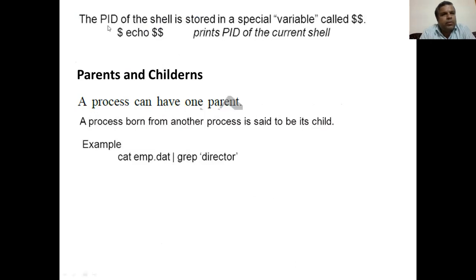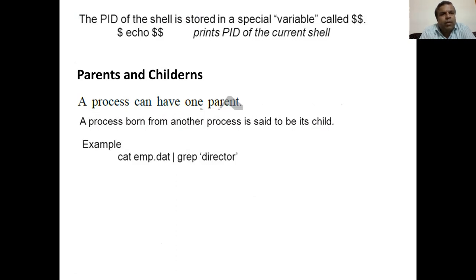Next, the question is, how do you know the PID of the shell process? The PID of the shell is stored in a special variable called $$. $$ is a special variable which stores the process ID of the shell.